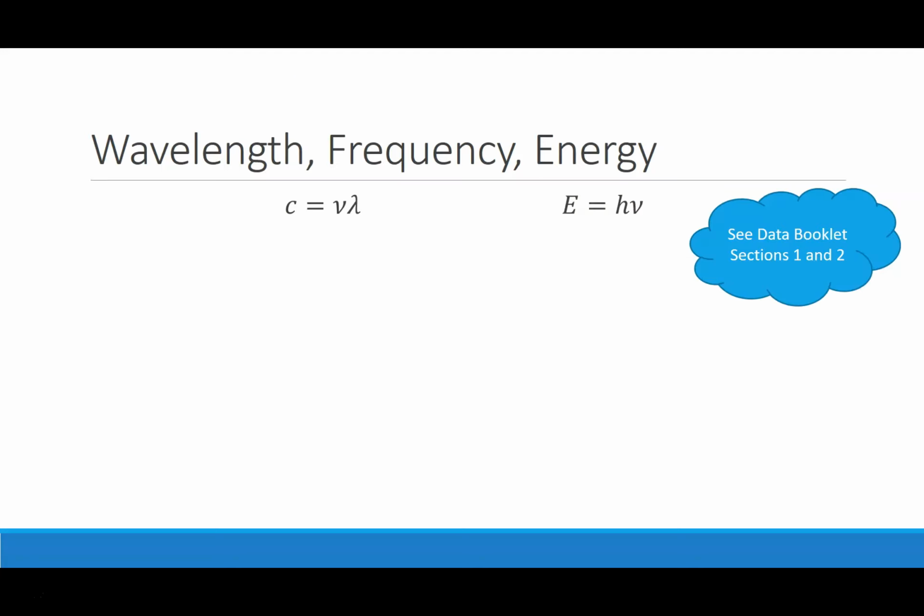Because wavelength, frequency, and energy of the lines in the emission spectrum are all mathematically related, if we know one value, then we can calculate the other two.